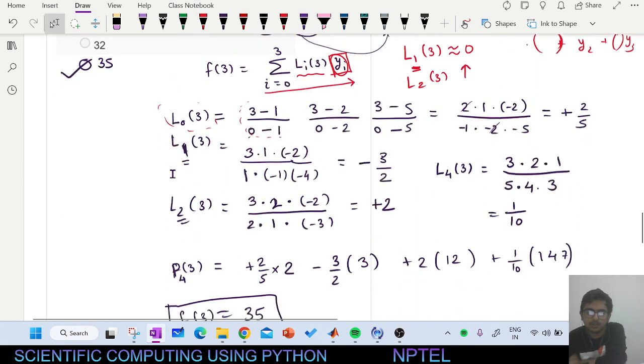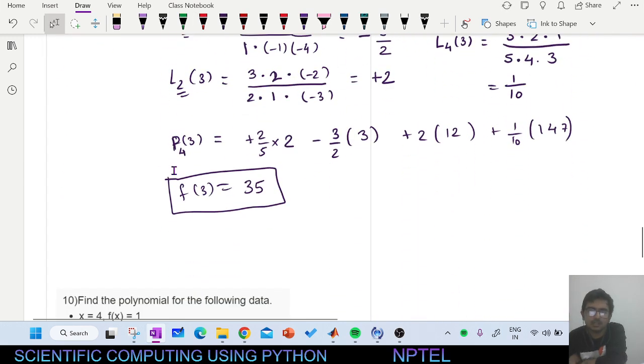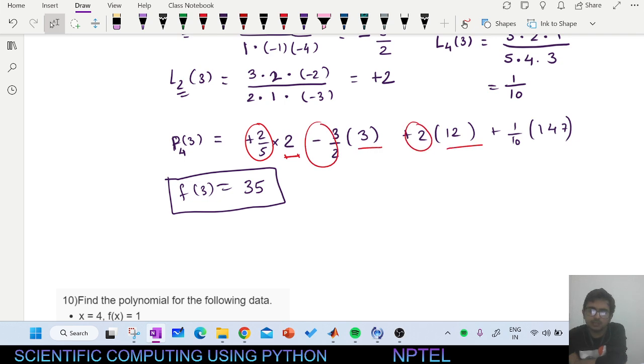Okay, thanks. Right, because at the end, what we did was something times y0, which was the value 2, then something times 3, something times 12, and something times 147. And all of these have different weights. And you see which one has the highest weight? This one, the 12 one, right?